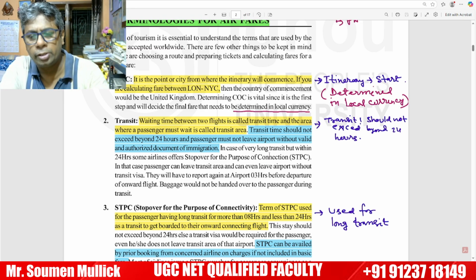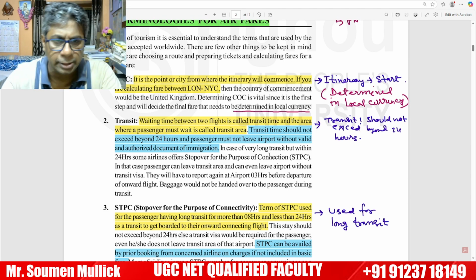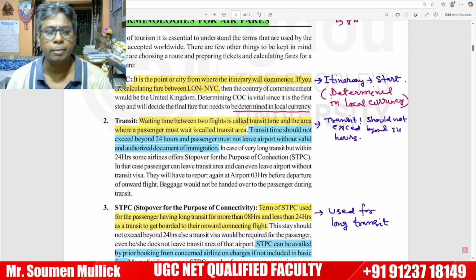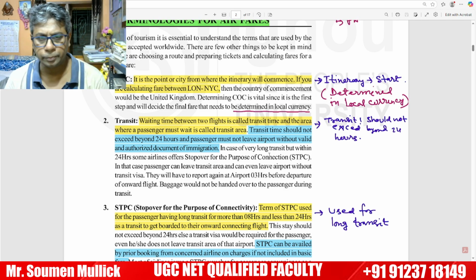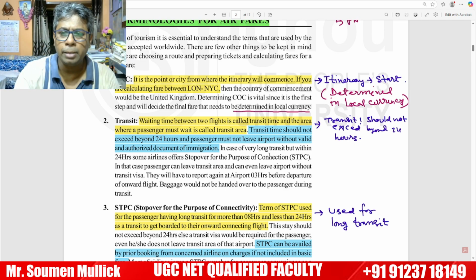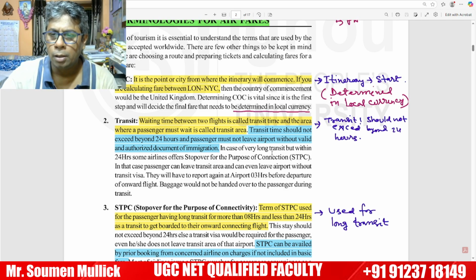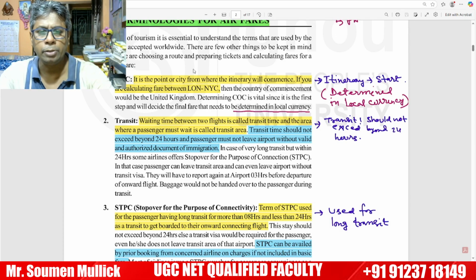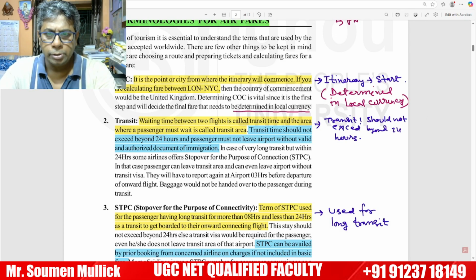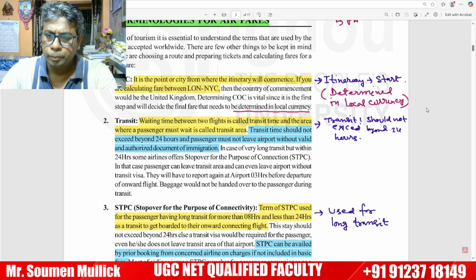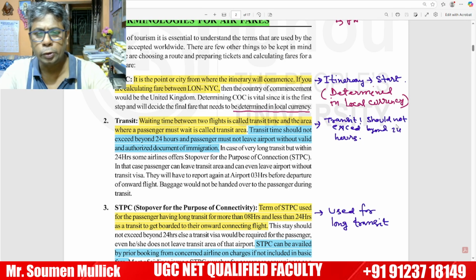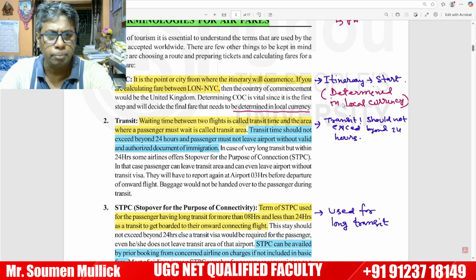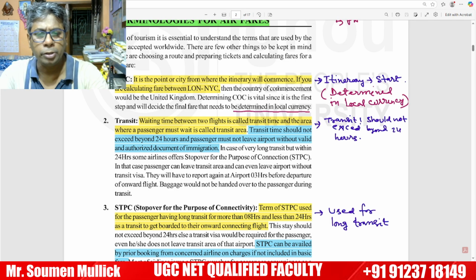From where I start the journey, from where will start the journey, if we are calculating fare between London to New York. So it is determined in local currency. So itinerary start COC. COC is the main thing that determines the local currency, and transit should not determine the local currency. This is a very important point.